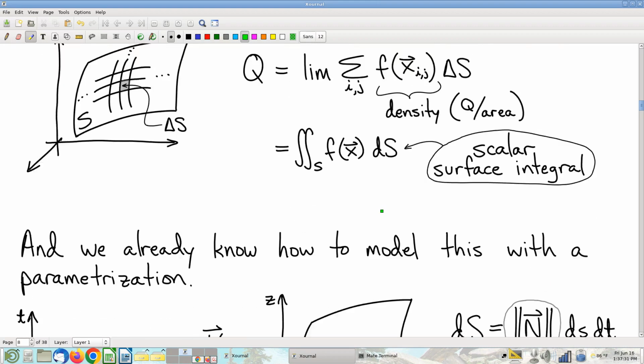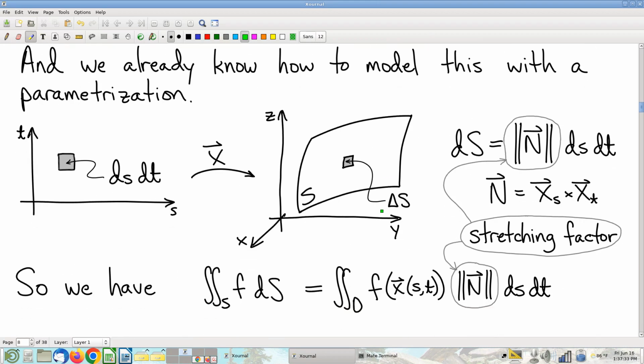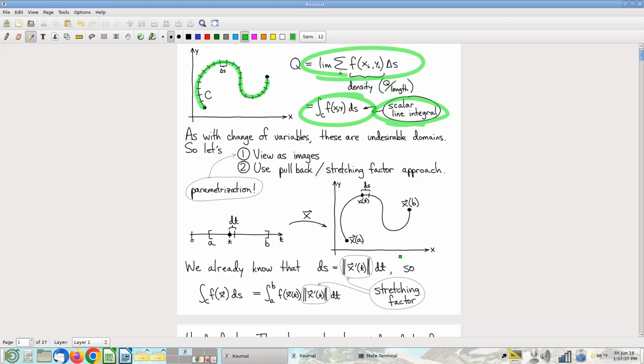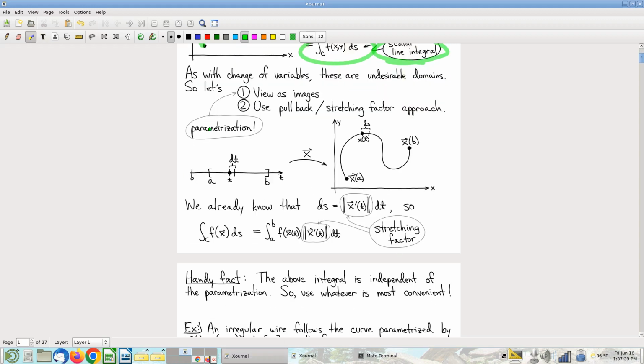So, okay, here we go. How are we going to compute that? Again, we're going to rip off an old idea. How did we compute scalar line integrals? Well, we used parameterizations as a tool for pulling back the integral defined on our dimensionally awkward curve to an integral defined on, well, the t-axis.